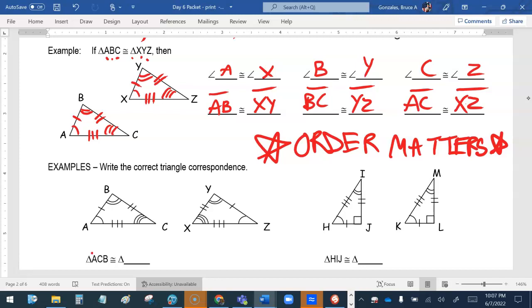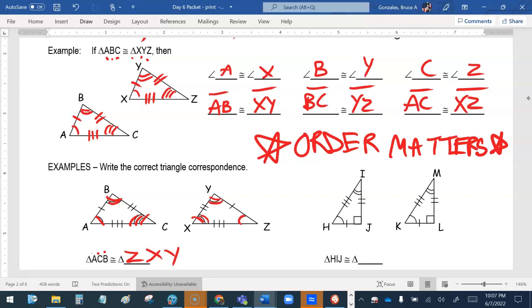If it says ACB, which goes from 1 arc to 3 arcs to 2 arcs, then I have to follow the same order on the other one. 1 arc to 3 arcs to 2 arcs. ZXY. So if you put ACB matches XZY, I understand why.